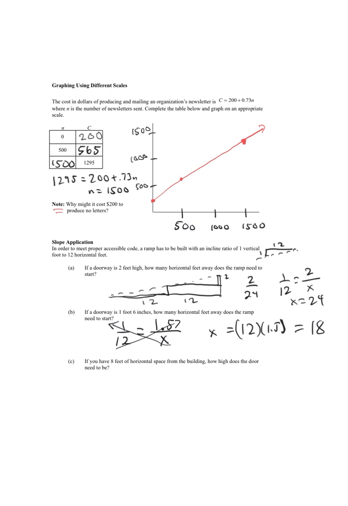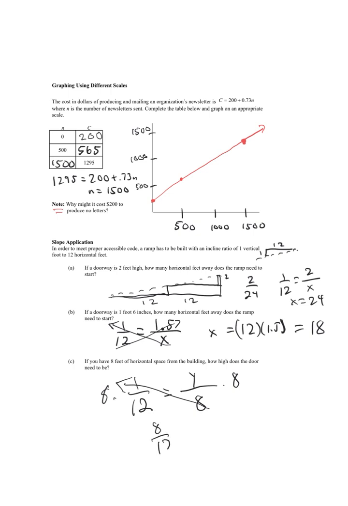So what if you only have a limited horizontal space? Then you have to figure out how high the door can be. You still have that ratio of 1 to 12, but this time you know your horizontal distance is 8. So the question is, how high can you make the door? You still do the same multiplication. Actually, here you can just multiply both sides by 8 to cancel, and you get your y.